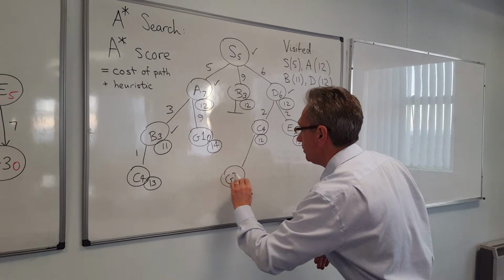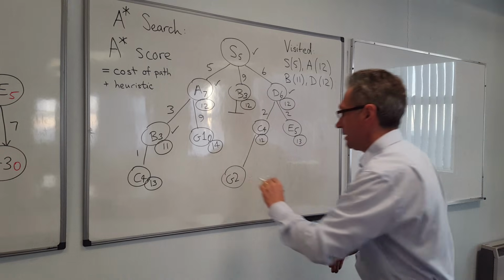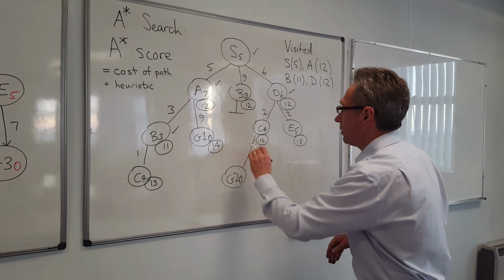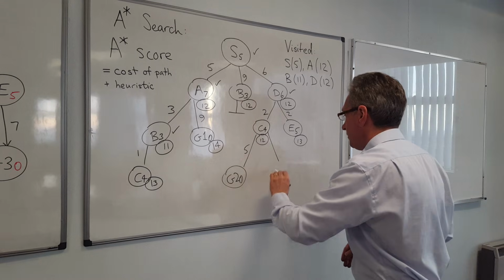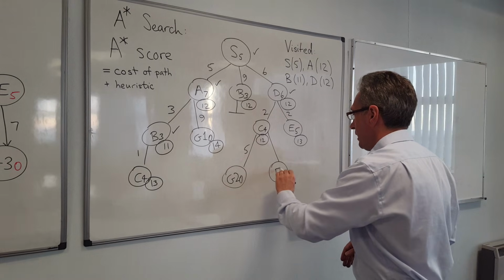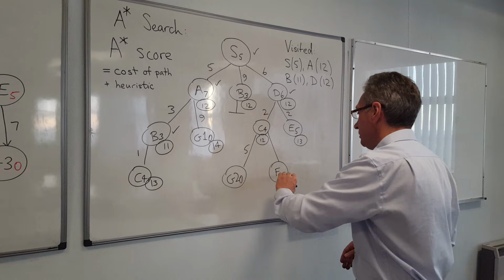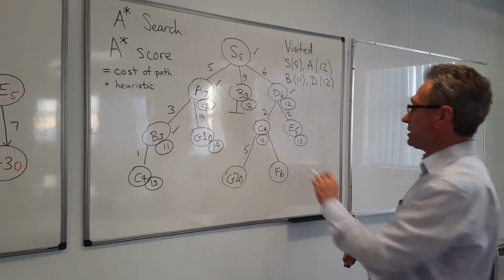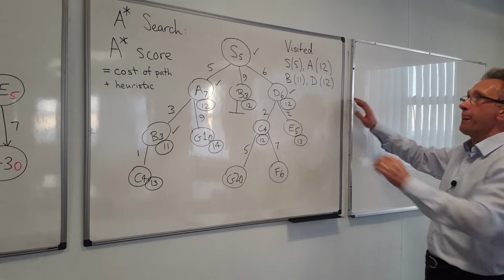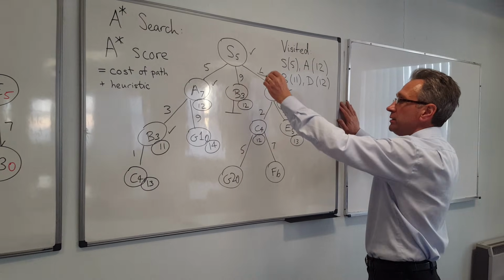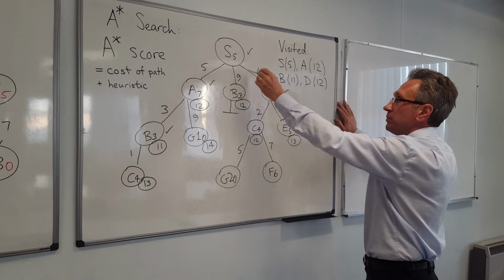To G2, that has a heuristic score of 0 and the cost of the arc is 5. And to F, F has a heuristic estimate of 6, and the cost of the arc is 7. So let's calculate the new A star scores along these new branches.